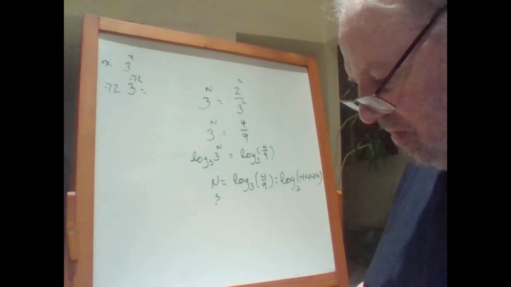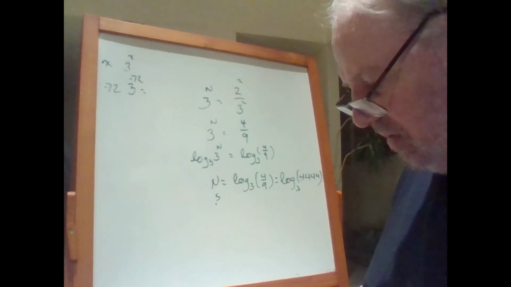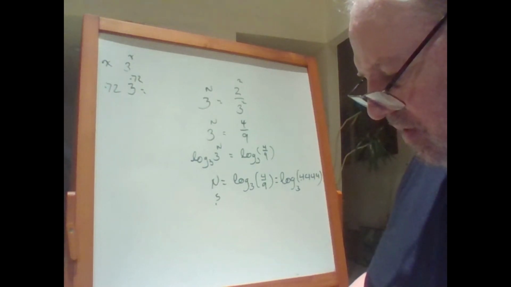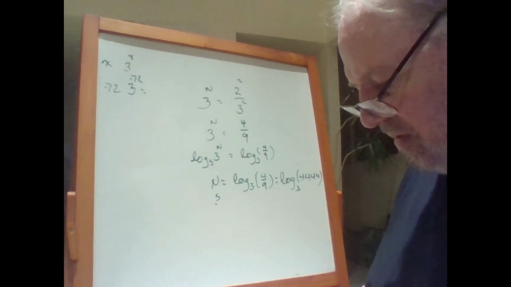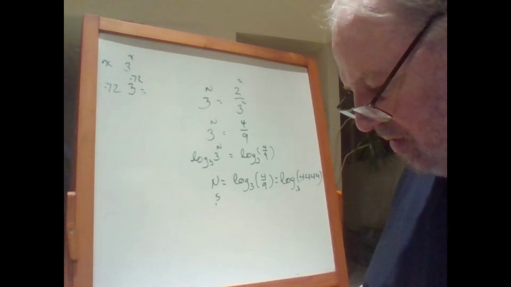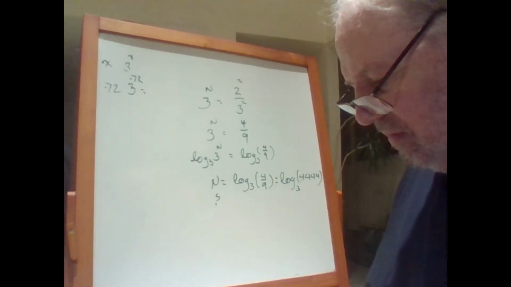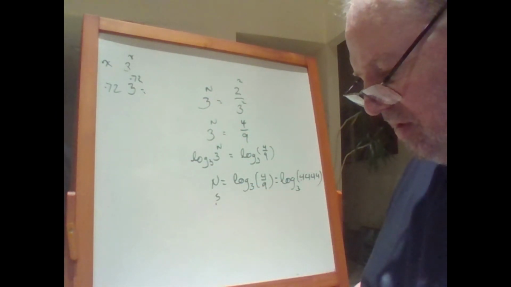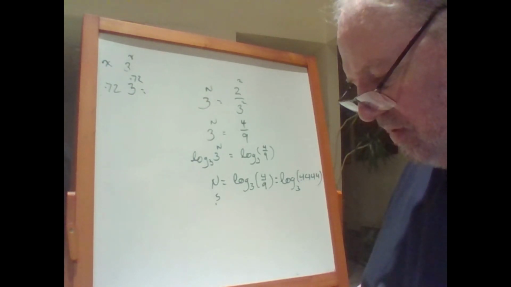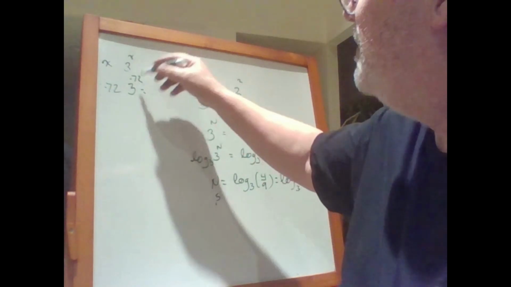Still too big. 3 raised to the 0.73. Well, it's somewhere there. 3 raised to the 0.71. Too big. So it's about 0.72.